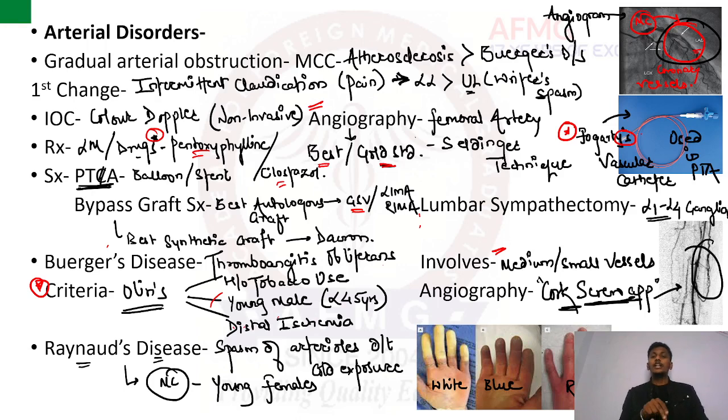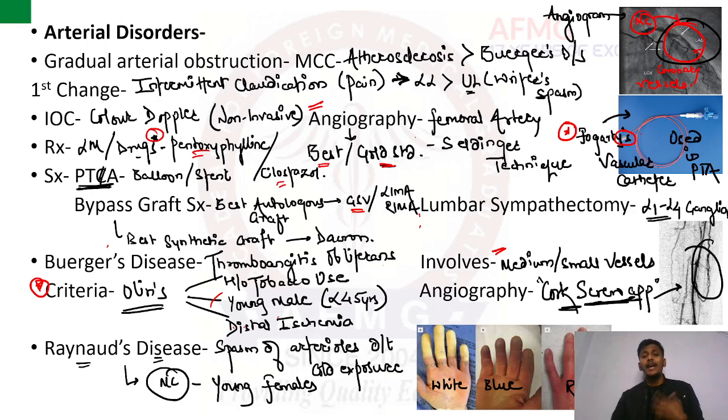Third, there should be signs and symptoms of distal ischemia. Whenever there is obstruction, due to ischemia there would be pulselessness, coldness, numbness. So these are features of distal ischemia.